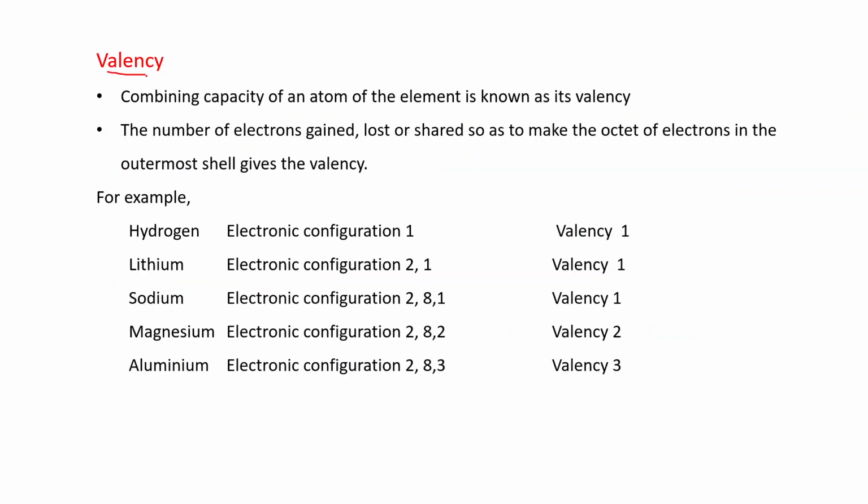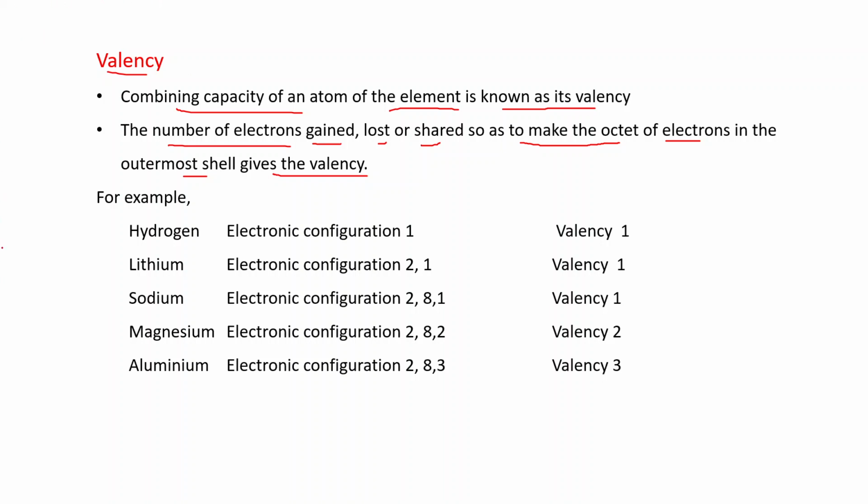Now, what is valency? The combining capacity of an atom of an element is known as its valency. The number of electrons gained, lost or shared so as to make the octet of electrons in the outermost shell gives the valency.